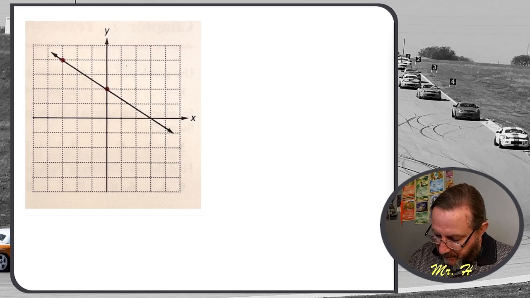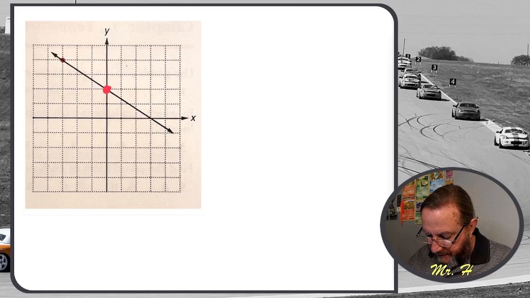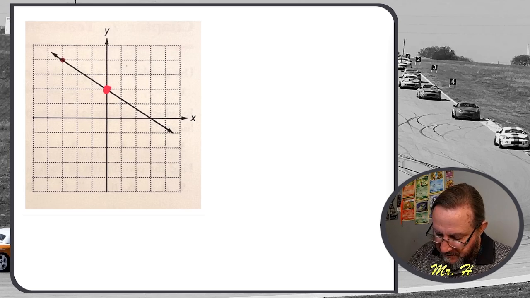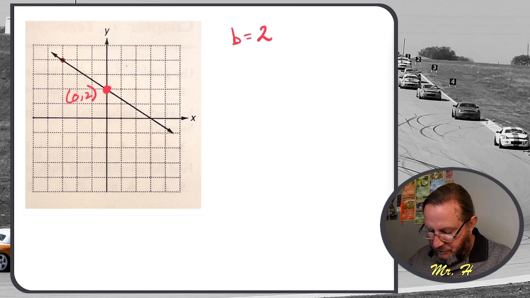First of all, I'm going to look at this point right here. That's where it crosses the y-axis. That is at the point 0, 2. That's my y-intercept. That's my b value. My b value is equal to 2.